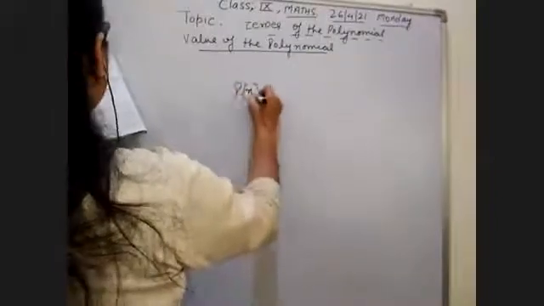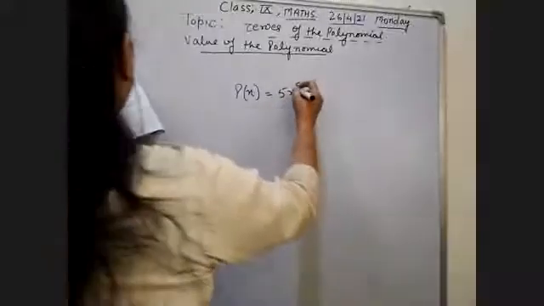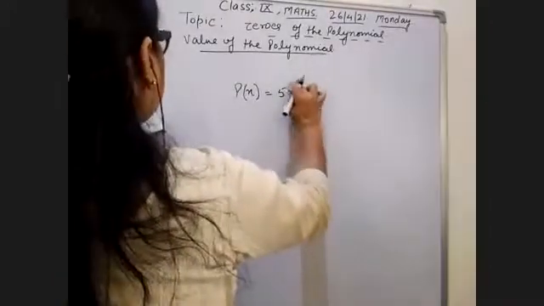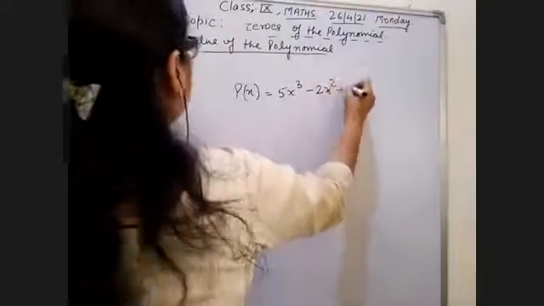So for example, take the polynomial p(x) = 5x cube minus 2x square plus 3x minus 2.